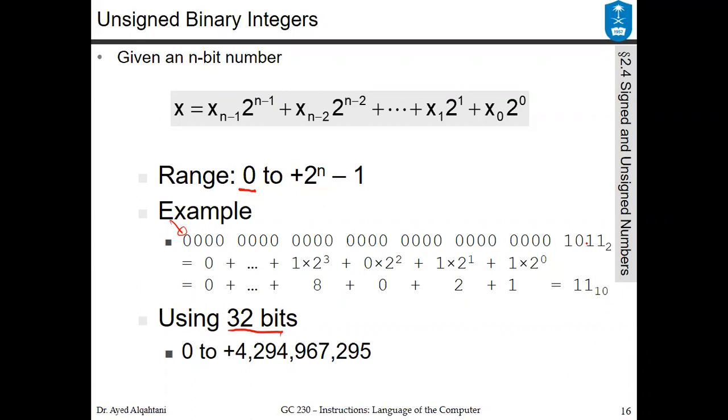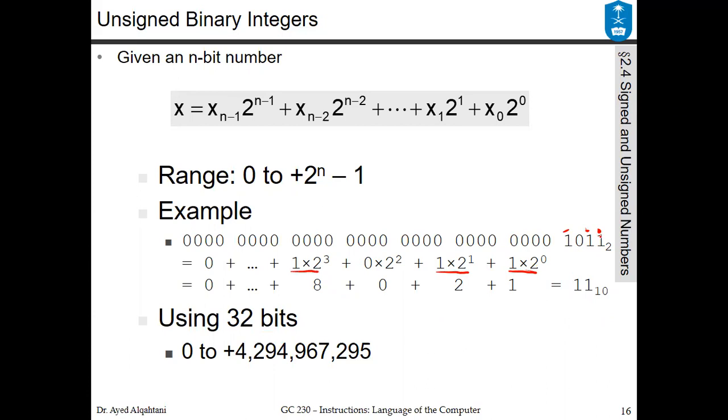So if we have this number in 32 bits, we know from the binary to decimal conversion that you studied in the digital logic design course, that this is going to be 11 in decimal. You can calculate it by only considering the bit positions that have 1, which is this bit position and this bit position.